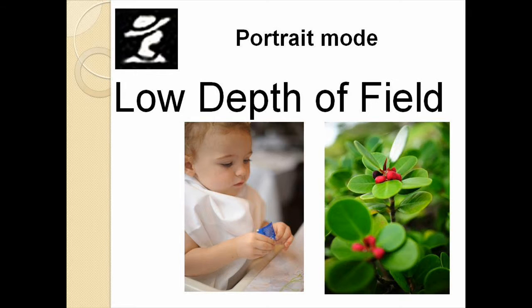If your background is here, it doesn't matter what mode you use, that's going to be sharp as well. So what portrait mode and zooming does is it separates a subject from its background. Okay? It gives depth to the shot, so it looks like there's some distance between them. But it can only do that if there is actually distance between them.